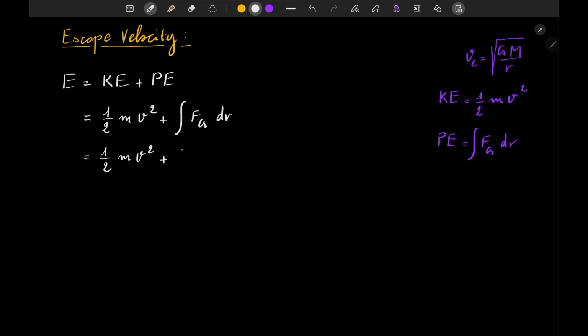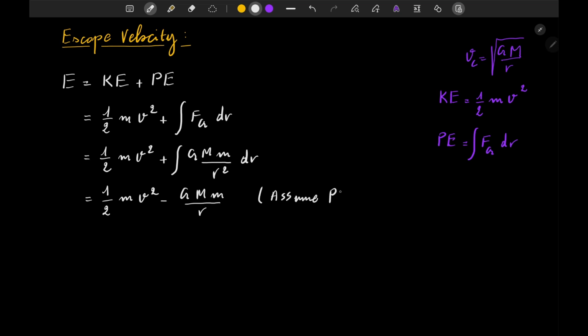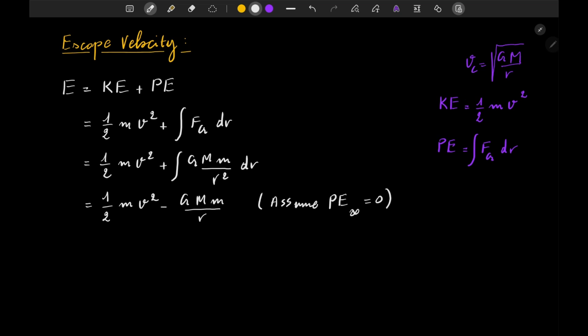After simplifications, we get that the total energy of the Earth is just 1 over 2 m v squared minus GMm over r. Notice that the gravitational potential energy is always there. The question is how much kinetic energy we need to give to the Earth in such a way that it counters the gravitational potential energy, meaning how much speed the Earth needs to be exactly zero at infinity.